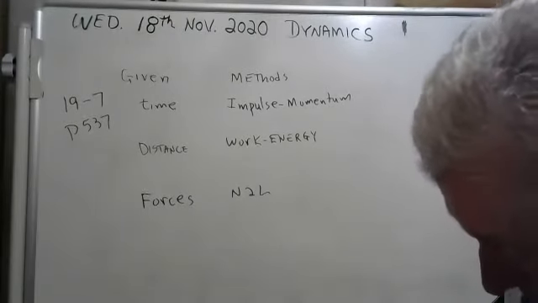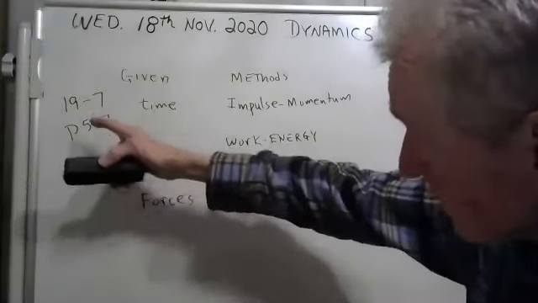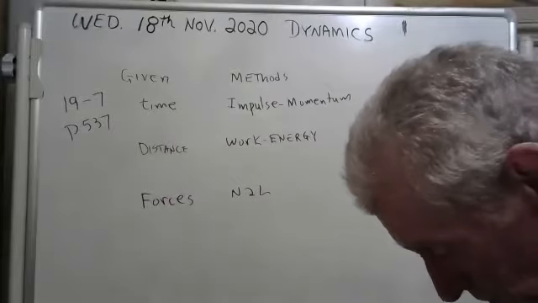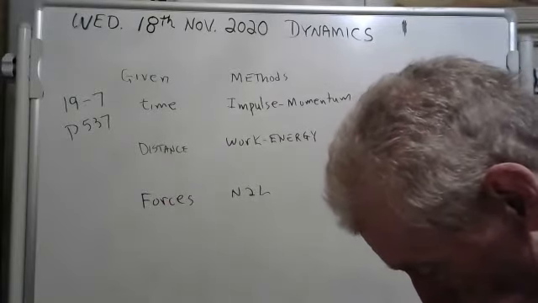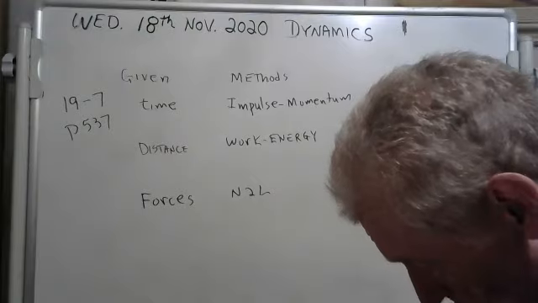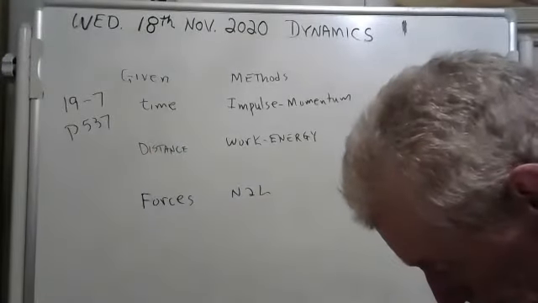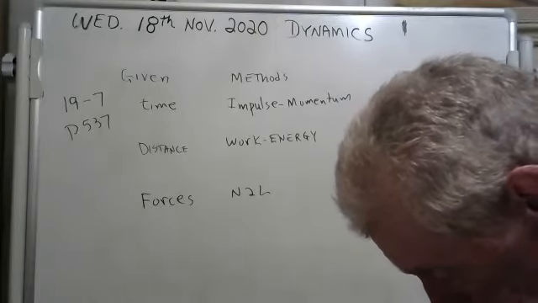Now, on this problem 19.7, do they give you time, distance, or forces? Well, actually, if you read the problem on page 537, I think they give you a force.